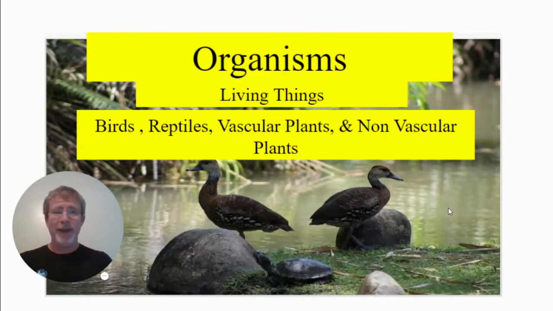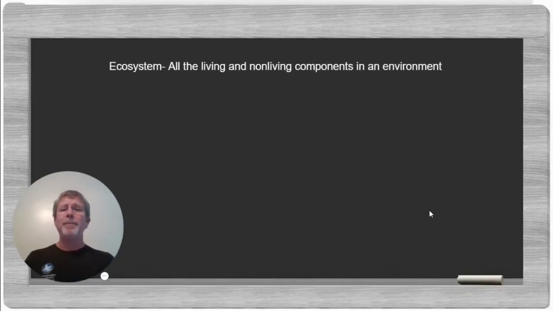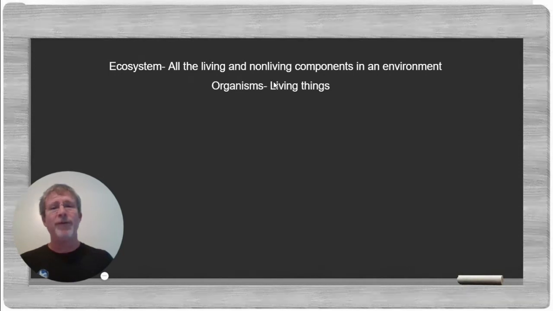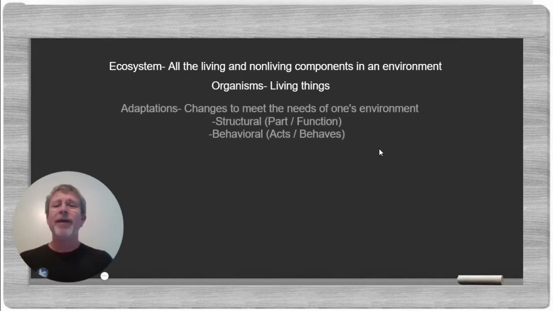Now we may begin. So review: ecosystem, all the living and non-living components in an environment. Organism, fancy word for living things. Adaptations, changes to meet the needs of one's environment. And if the organism does not adapt, the organism will not survive. We have two different types of adaptations.